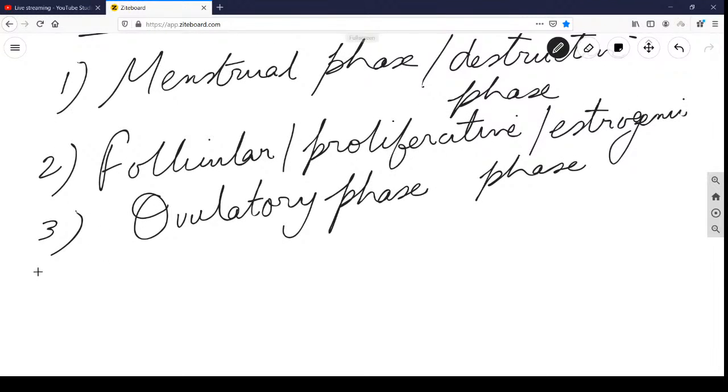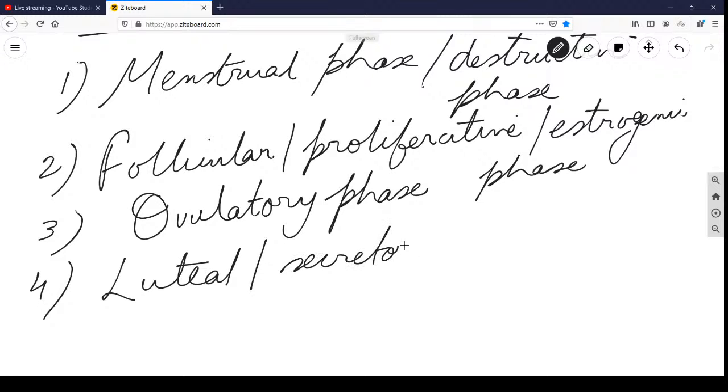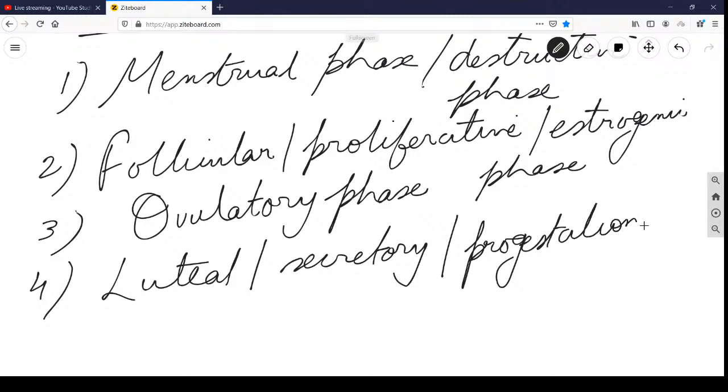Then number four is luteal slash secretory slash progestational phase. Okay. So there are four phases of the menstrual cycle.